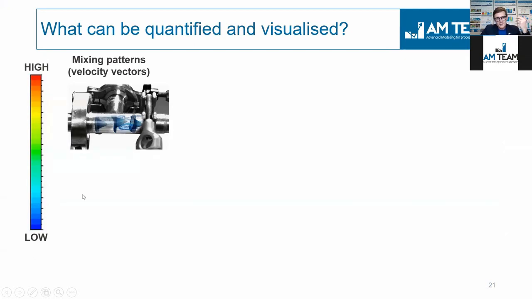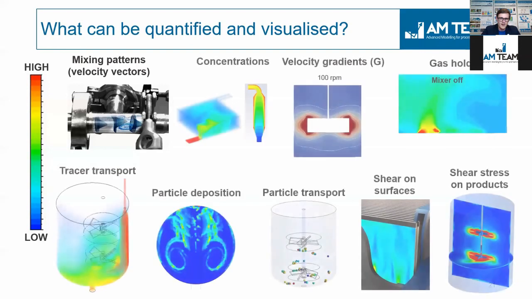And typically the colors you see, these nice colors, are high to low. This is the color scale that is used to actually show the output in a quantitative way. But it's not only mixing patterns, and this is really key to this webinar. Let's look into what is all available in terms of output. You can actually look at tracer transport.